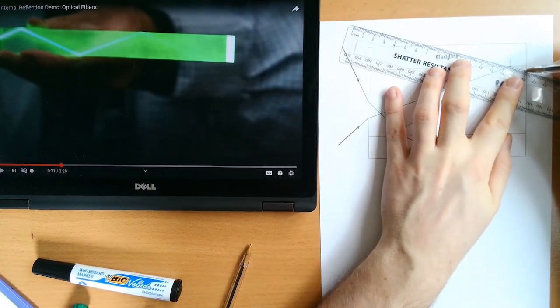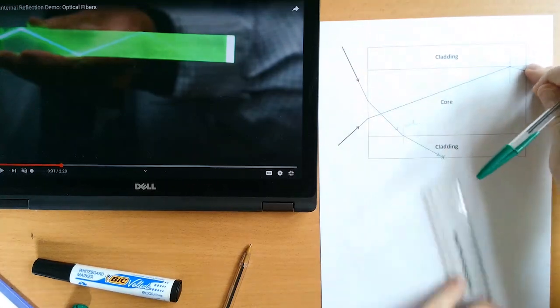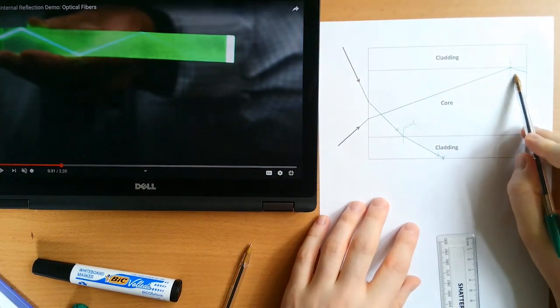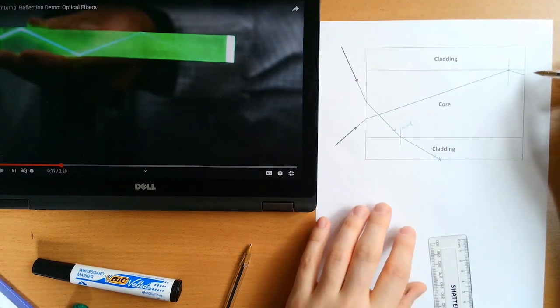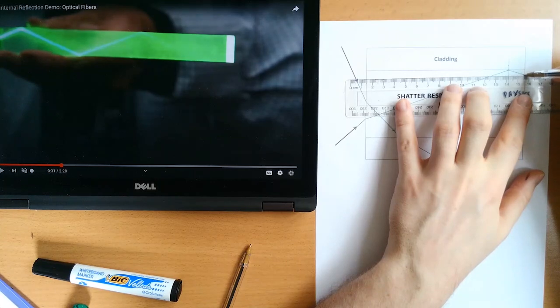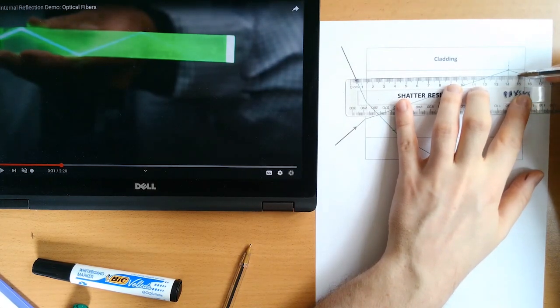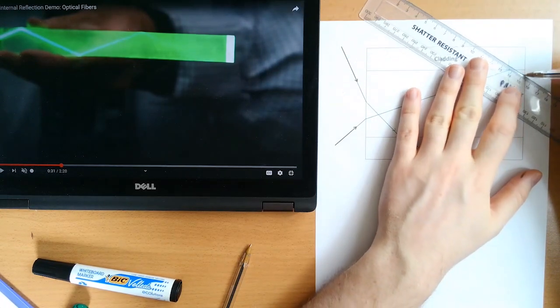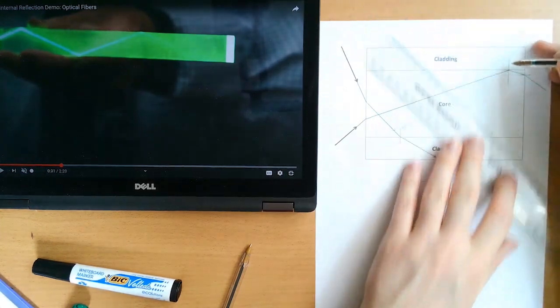And we need to make sure that the law of reflection is followed here, so that the incident angle is equal to the reflected angle. On the other side of the fibre, when it comes out, you've got the normal here again. Again, it's going to bend away from the normal, which is sort of like that.